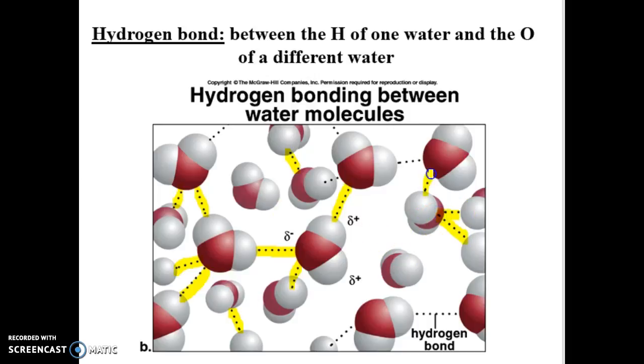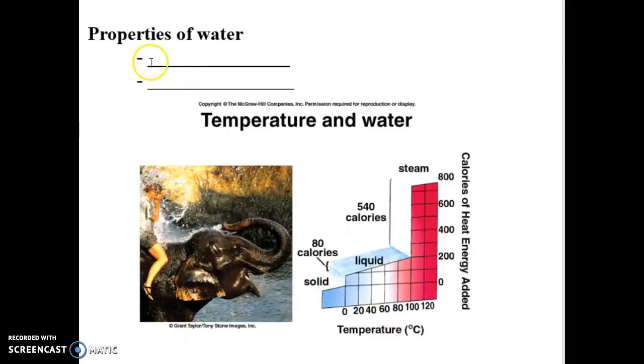Now internally, the bonds that are formed internally, this bond here, that bond there, that one, and so on and so forth, all of these little bonds, those are those polar covalents. But the yellow highlights, those are hydrogen bonds. Because of this bond, this sets up what we call the properties of water.